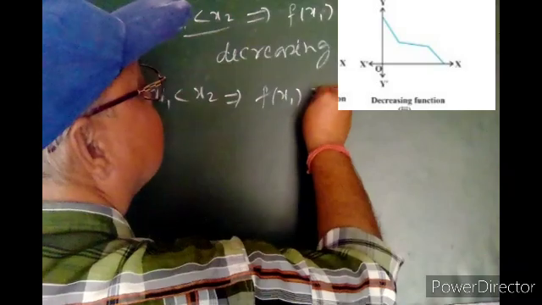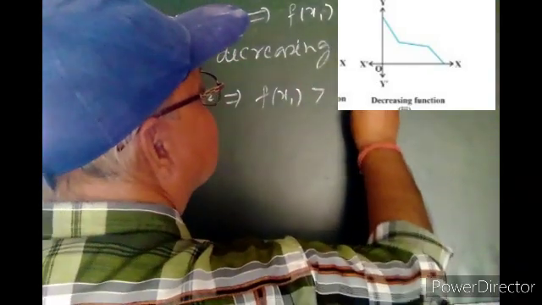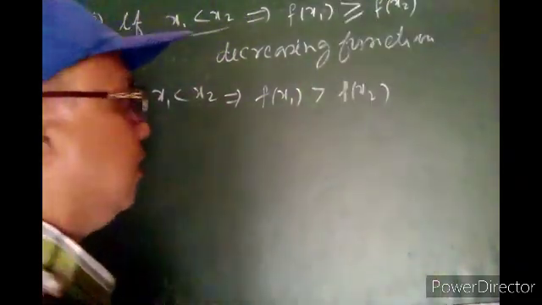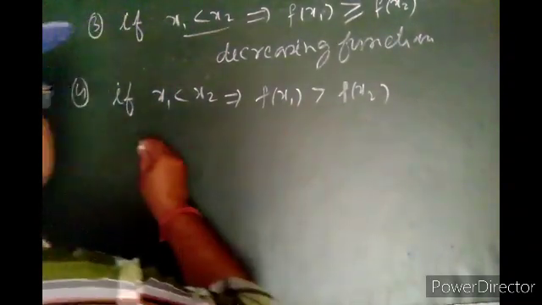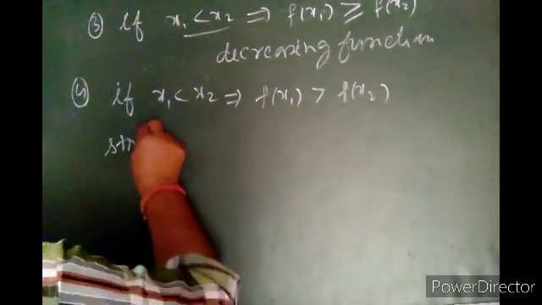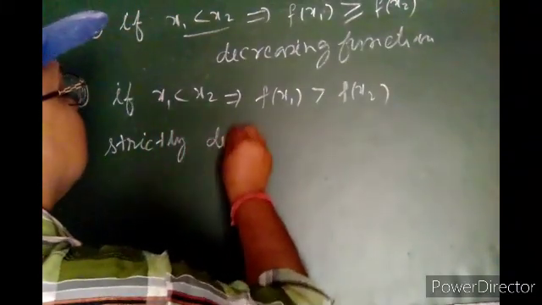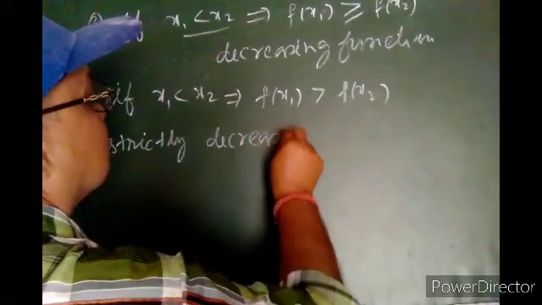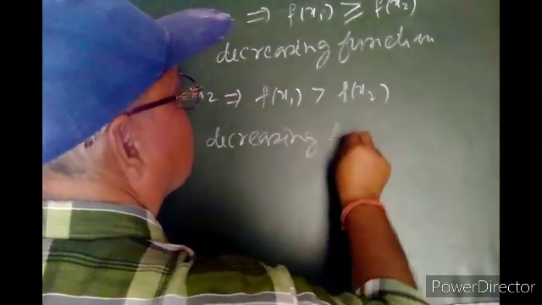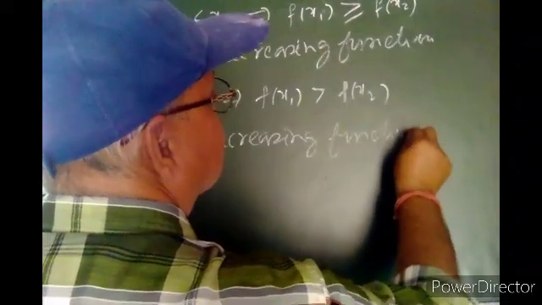Number 4 is, if the interval is the same, x1 less than x2 implies that f(x1) is greater than f(x2), this type of function is called a strictly decreasing function.